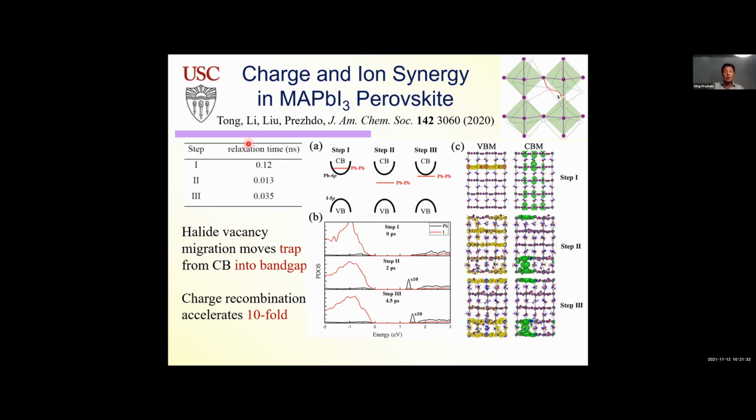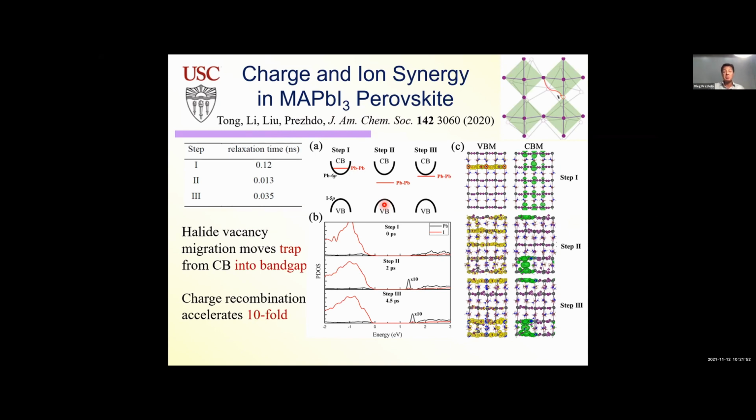And what we've learned is that if this defect migrates, if the vacancy moves from one place to another, then this trap state goes into the gap. So this defect state used to be inside the band, with no contribution to the relaxation of electrons and losses of charges and performance of solar cells.